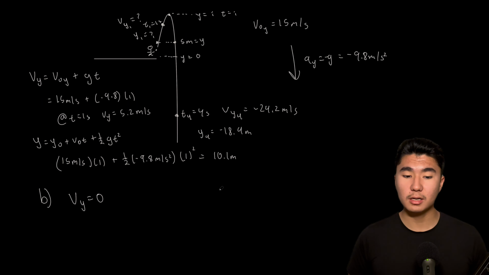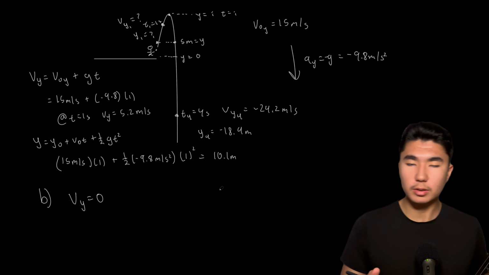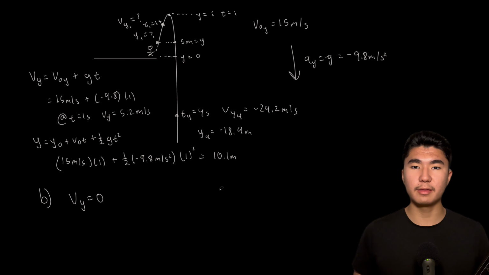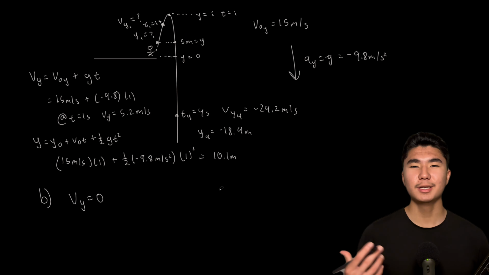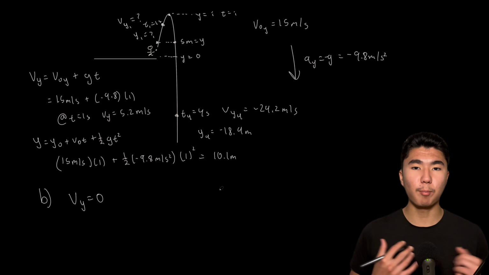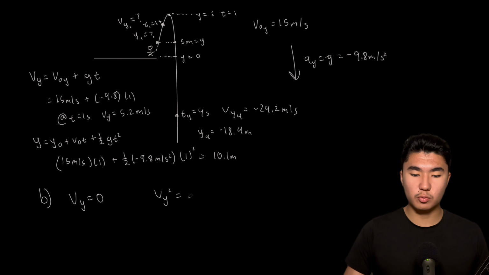Or we could find the time and plug in using our position equation given time. For this one, I'm going to use the equation where we're not given time, mainly because we haven't used it in this problem. I just wanted to give you guys some practice on using that equation.